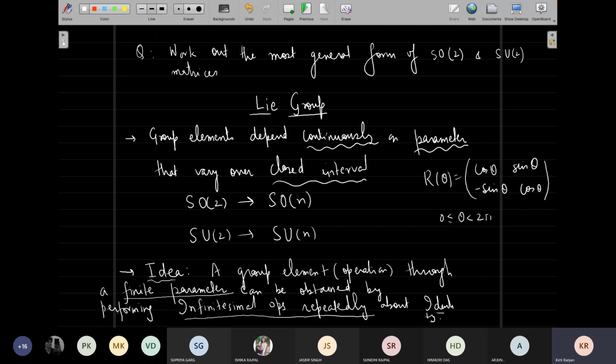So this is the idea that we will be able to achieve any finite theta by continuously varying this delta theta infinitesimally. That means the very small value many times. So this is the basic start of the Lie group, where we start by writing, so this is the general one, any arbitrary element and delta alpha, so alpha being the parameter of the group, which of course is theta for the rotation, but since I want to write the generalized one, just take alpha to be the parameter.